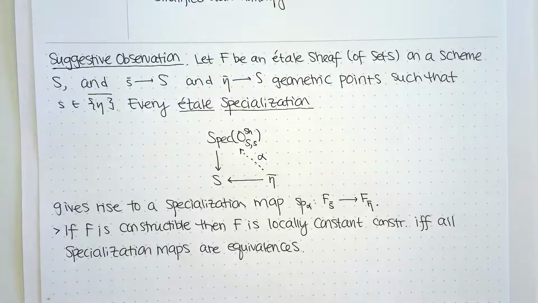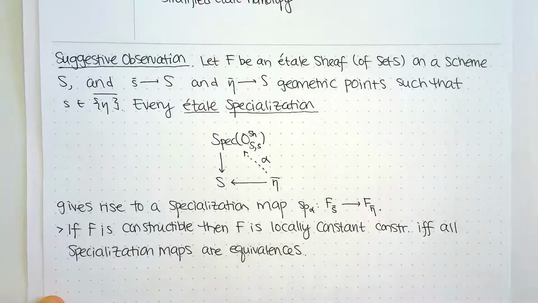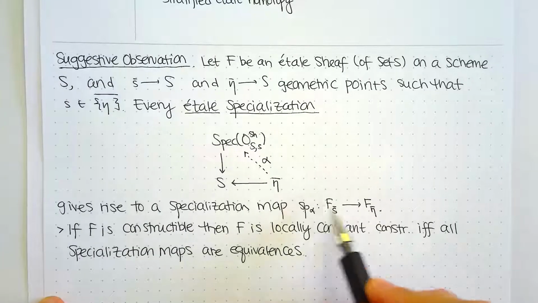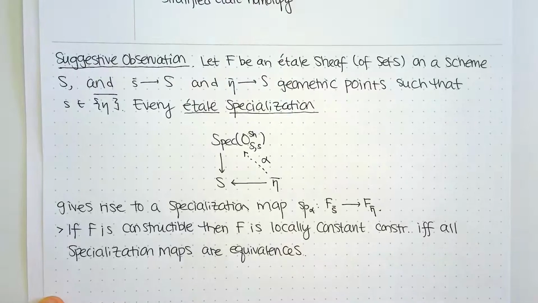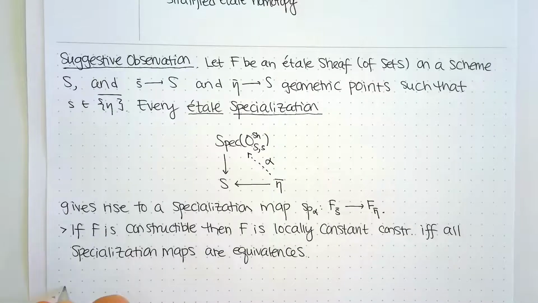Okay, so what that suggests is that maybe there's some way of reconstructing your sheaf by knowing all of its stalks, knowing all of the specializations, knowing the actions of the Galois groups on the stalks, and piecing them together in some way. So what are we going to need? Well, in general, these things won't be isomorphisms like they are in the locally constant case.